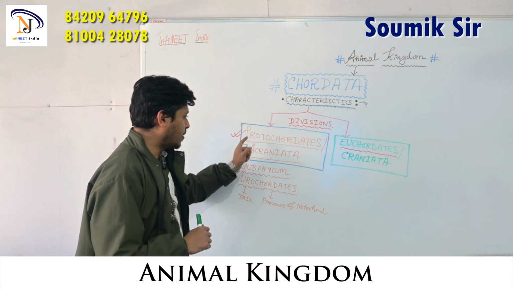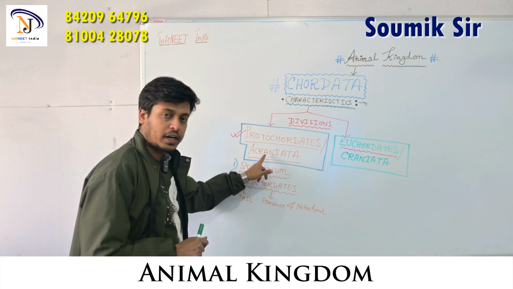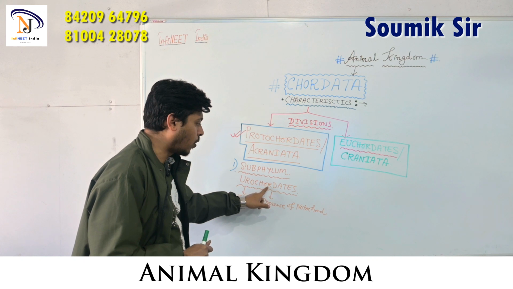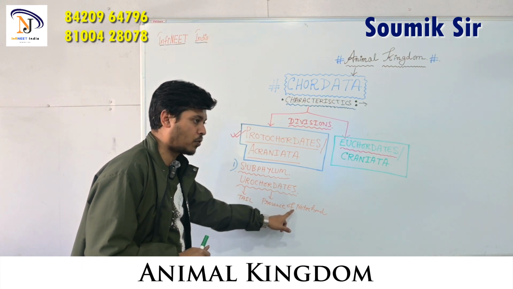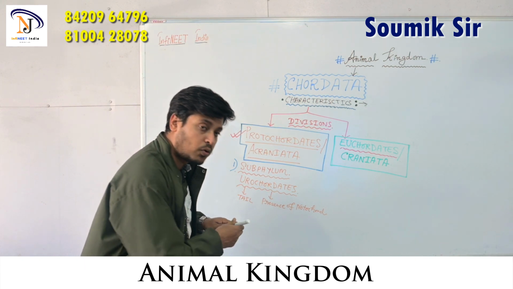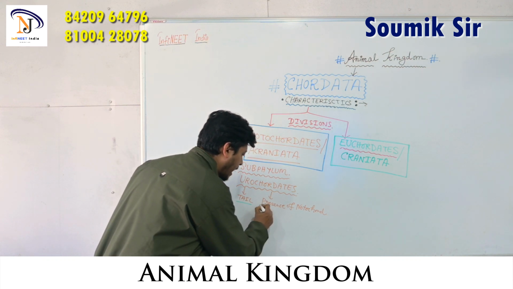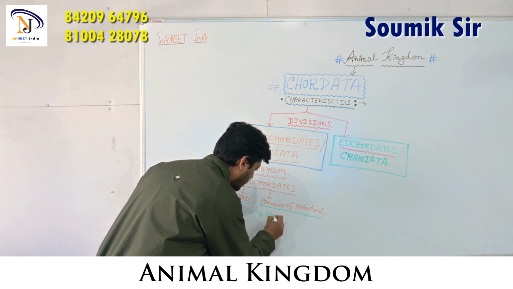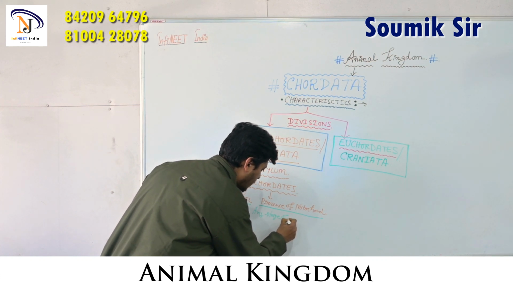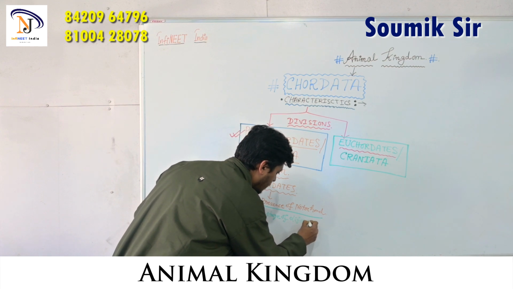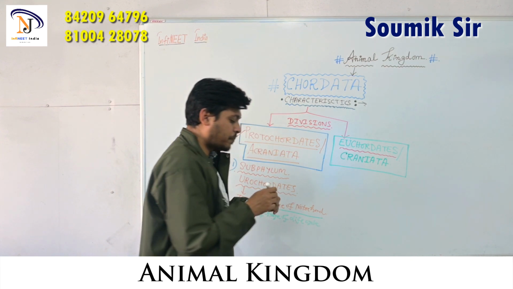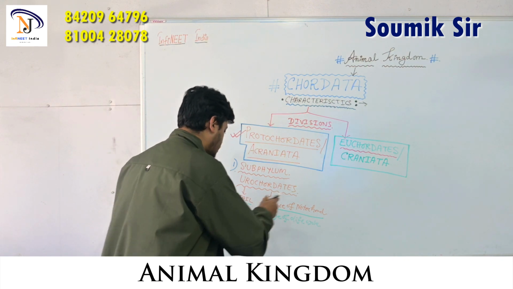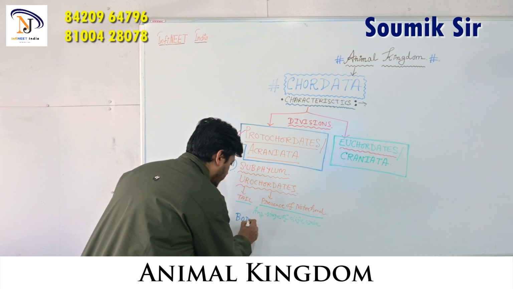The first subphylum of protochordates or acraniata is urochordates. Uro means tail and chord means notochord, the presence of notochord at the tail region at any stage of the life cycle. Another most important characteristic feature of urochordates is body covering.